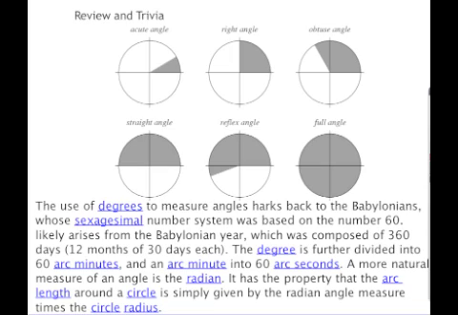And the Babylonians had a calendar of 360 days, and that was a full cycle. And so they decided a circle is a full cycle, 360 days in a year. We're going to break up a circle into 360 degrees, and that's how we got our degrees. And that's what we've always used.